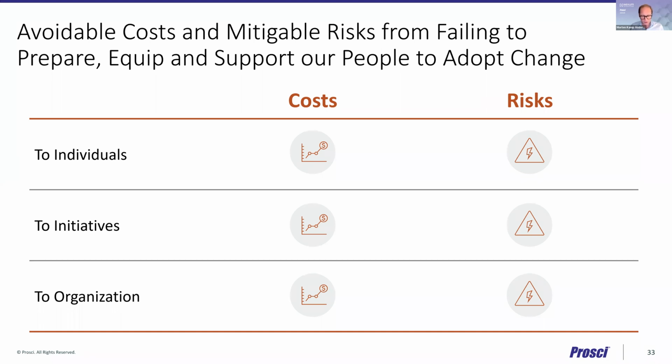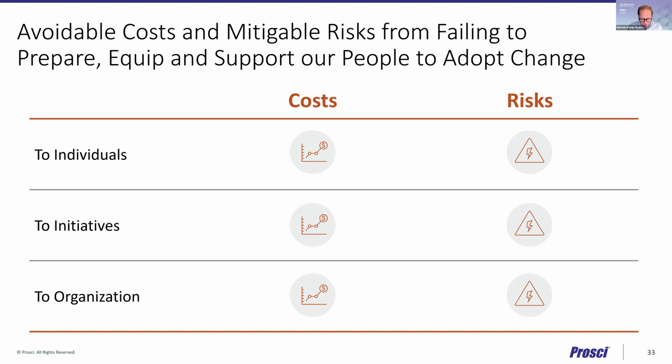Individual costs and risks will be things like frustration, stress, fatigue, confusion, lack of clarity, lack of capacity to focus on business basics, and so on. People will then start to feel alienated or disengaged and so on. And all of those individual consequences emerge when we leave the people side of change to chance, right? When we don't focus on this.